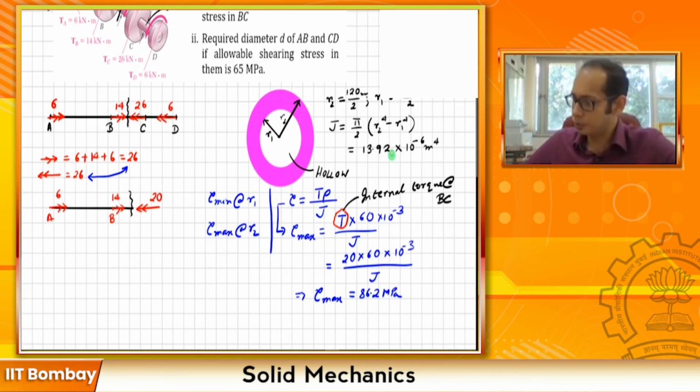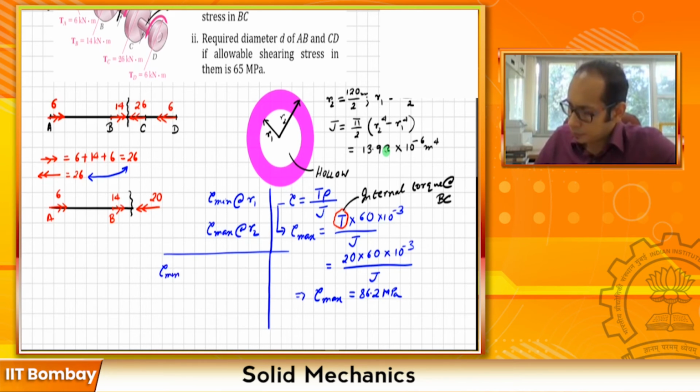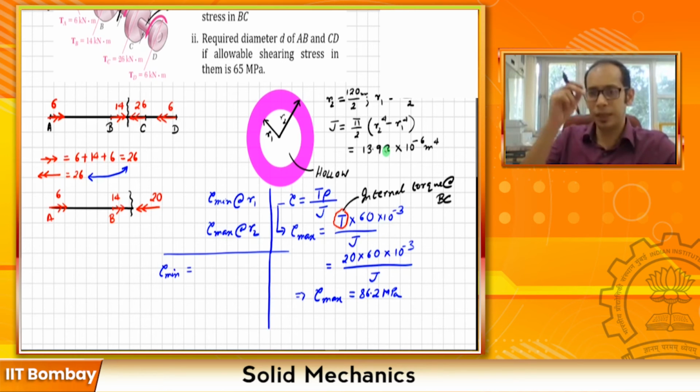megapascal, right? In a similar manner, if I have to calculate my tau minimum, remember tau minimum is happening at the inner diameter, which is at R1, the inner radius.